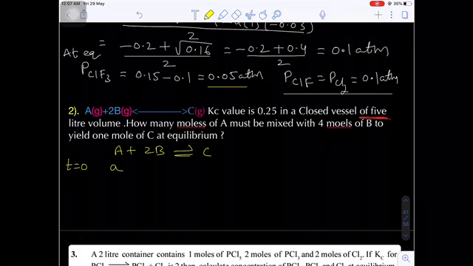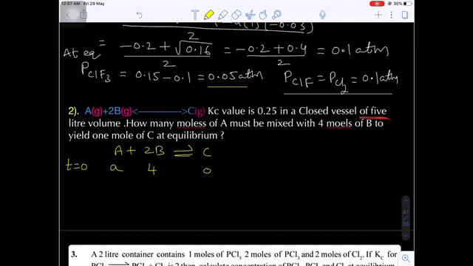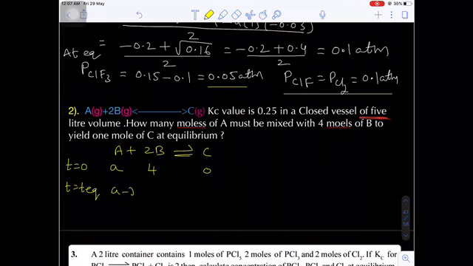Now let's suppose initial condition, we don't know how many moles of capital A. Let's suppose small a moles of capital A is added to small b moles of capital B. Initially we don't know how many moles of C will be present. But when the reaction tends to equilibrium, let's suppose x moles of A decomposes. Out of the 4 moles, 2x moles of B is also decomposed because of the 1:2 ratio.